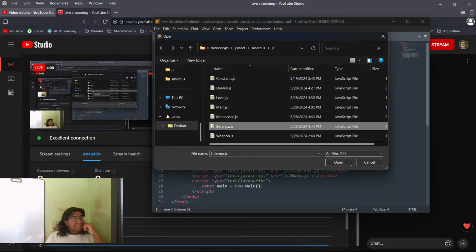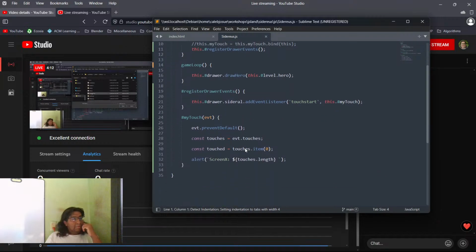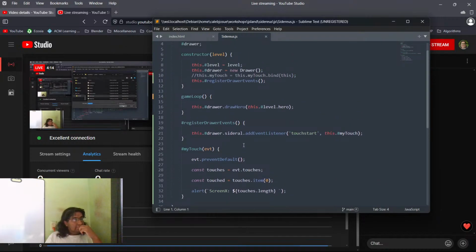Okay, let's open our game loop. We have our game loop, we have our byte touch. We are going to change this. Libraries. We can undo this comment.